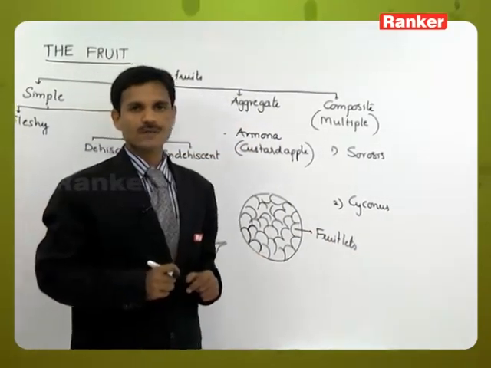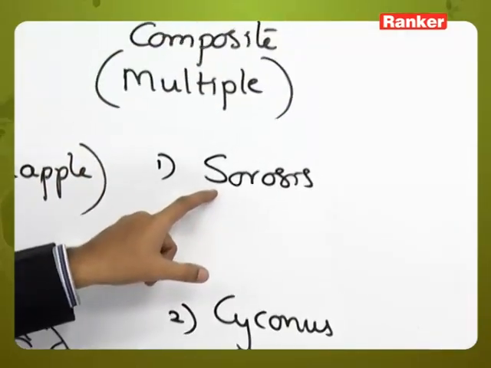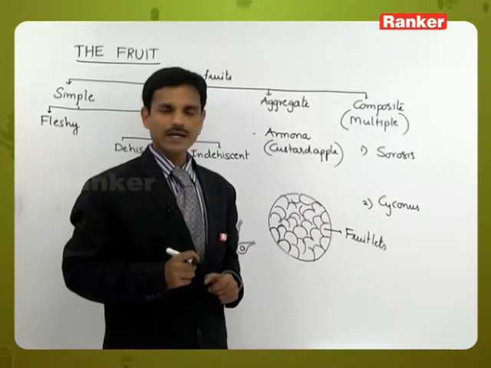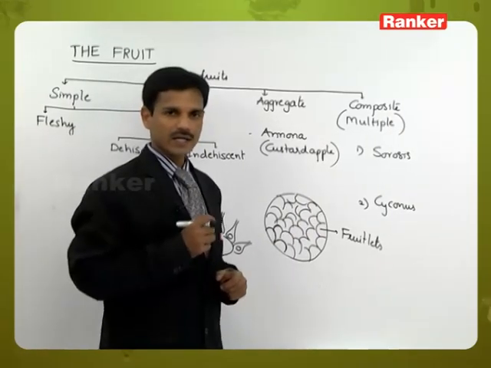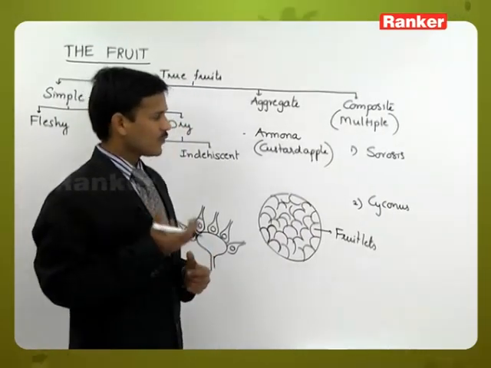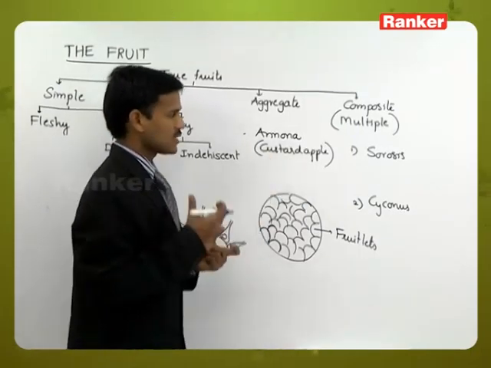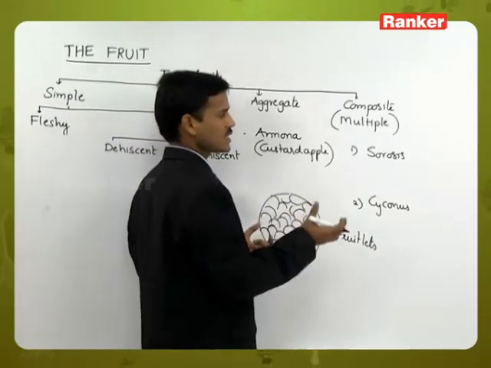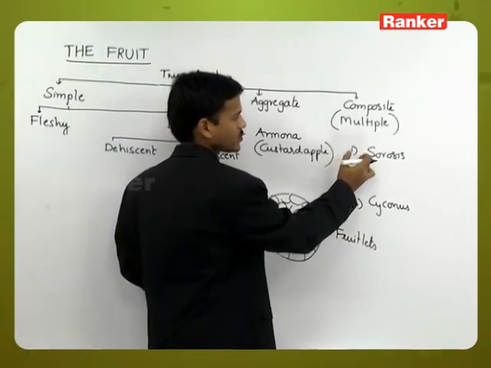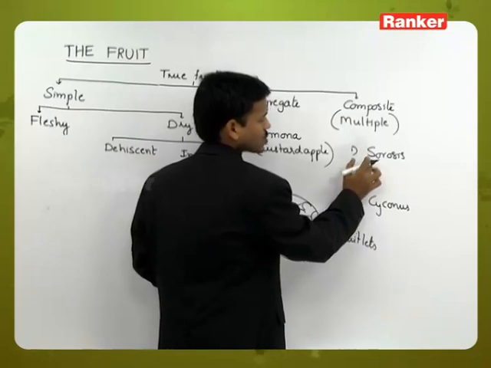Sorosis type of fruit develops from spike, spadix, catkin inflorescences. Inflorescences are of different types. The total inflorescence, after fertilization, develops into this type of Sorosis fruit.